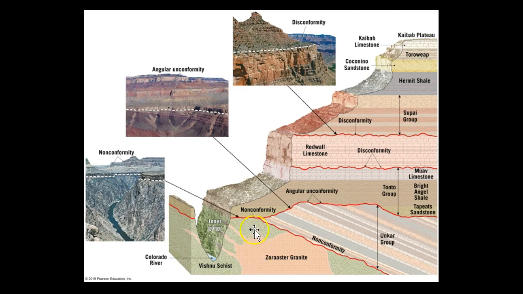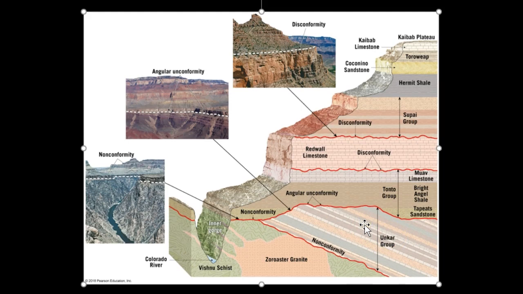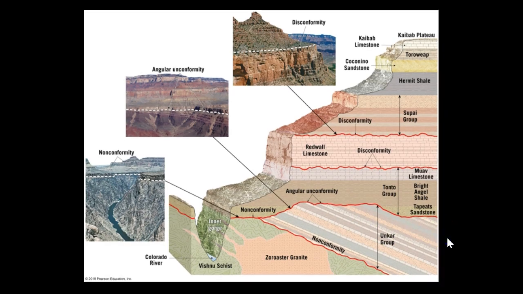So we see a nonconformity down here between the Vishnu schist and the Zoroaster granite, and this top Tanta group, which is for the most part shale and sandstones. You also see an angular unconformity, which is not lying quite at this section, but further away from there, which is from this Onkar group, which is a bunch of limestone and shales, if I'm not incorrect.